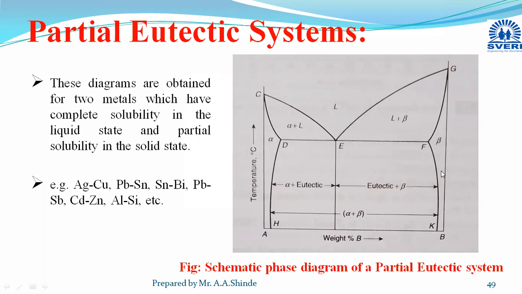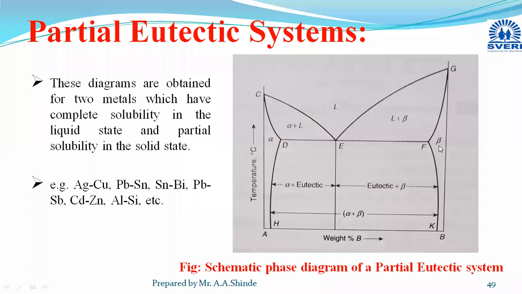When A and B are in a solid state, some amount of B will get dissolved in A, and it forms alpha solid solution. And when A gets dissolved in B, then it forms beta solid solution.